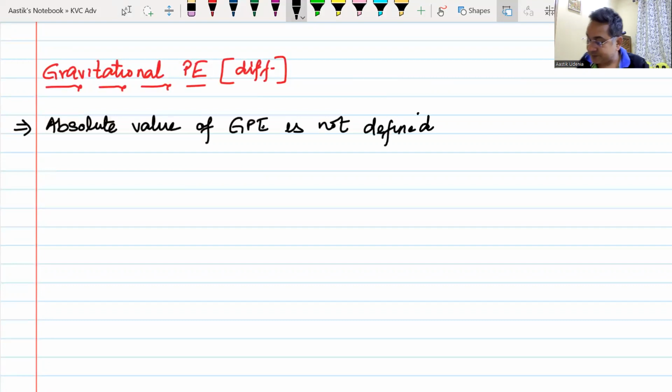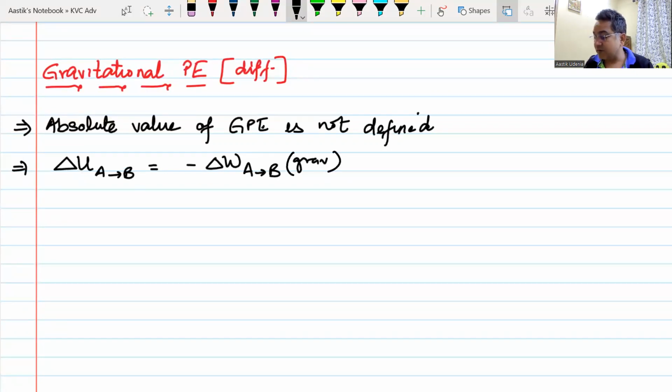What is defined is the change in gravitational potential energy. The change in gravitational potential energy in moving from a point A to point B is the negative of work done by gravity. Do we understand this? And that will be equal to m into Va minus Vb.